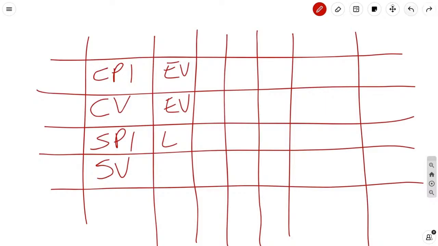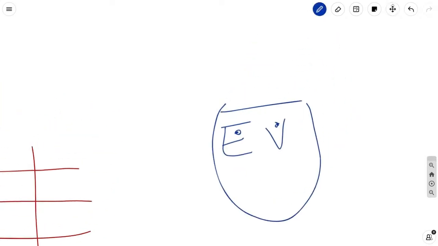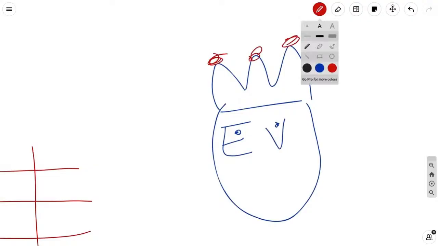Actually, we could use a blue, because earned value is king. I always tell people, you want to remember this formula or these formulas, you have to remember this fact. Earned value is a persona, right? And earned value has a crown on his head with rubies. It's a persona.